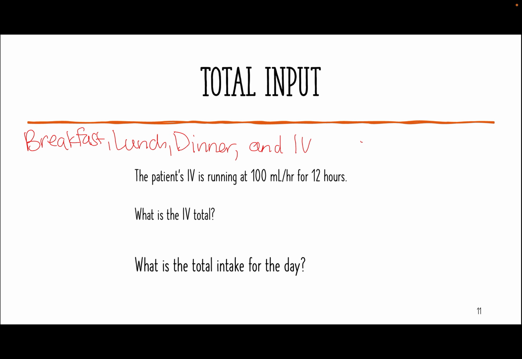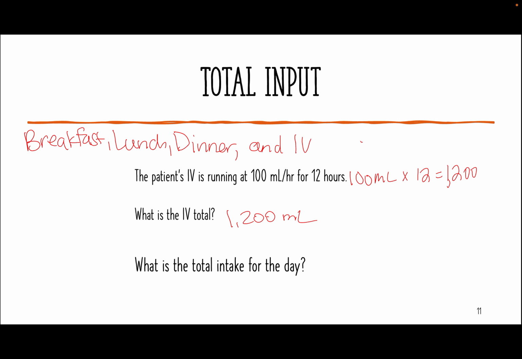What's the total IV amount in mLs that they're going to receive? If they're getting 100 mLs every hour for 12 hours, let me write it out just in case we need the math. So 100 mLs times 12, and you're going to get 1,200. So that's the math. So the total IV is 1,200 mLs.